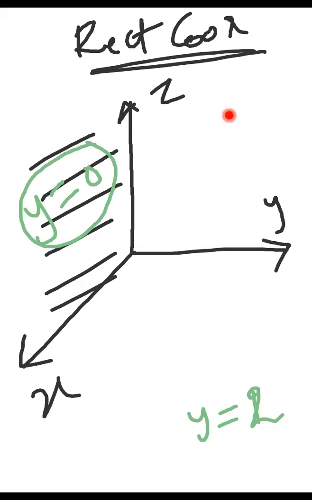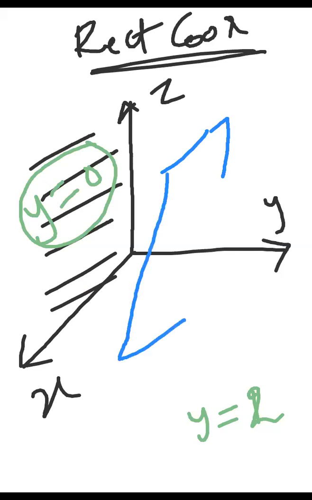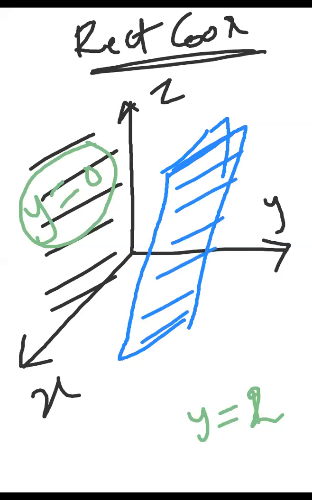In y is equal to 2, y has to be 2, and x and z can be anything. Intuitively, you will get a plane parallel to the already existing plane y is equal to 0.